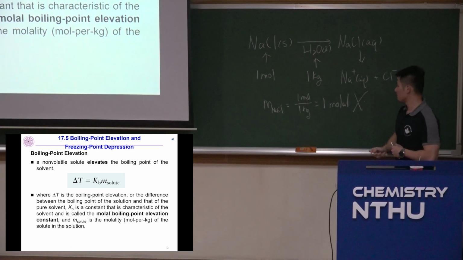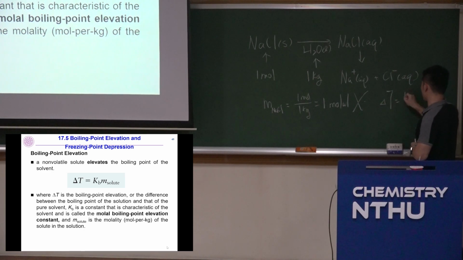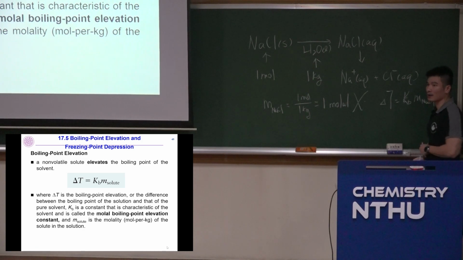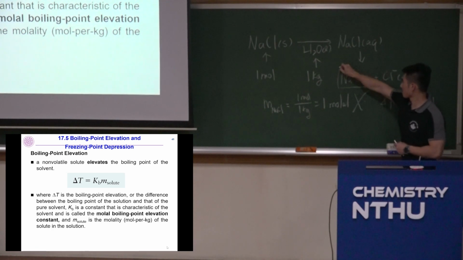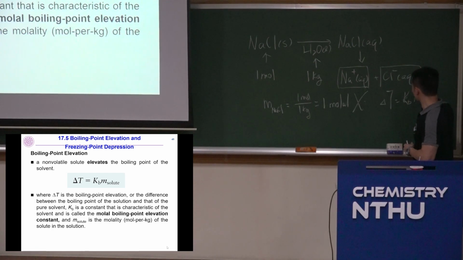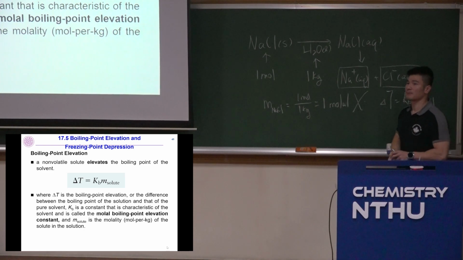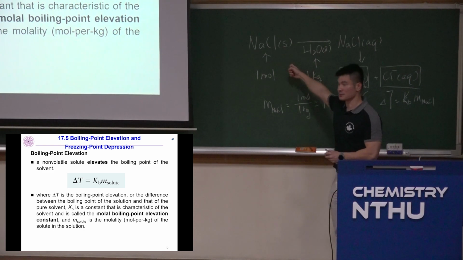So if you use this to plug into the equation, delta T equals Kb times the molality of NaCl, then you'll get it wrong. Why? Because when you dissolve it, you actually create 2 particles. So m here is the number of particles, not the number of solutes you put in. Right?